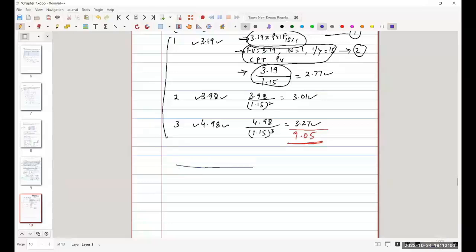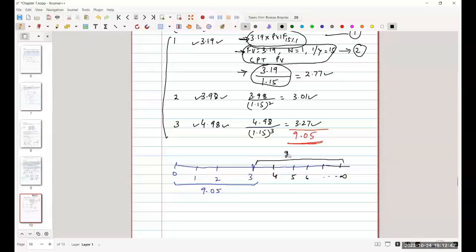So this was the first part of the timeline, 0, 1, 2, 3. And we have figured out that this part of the timeline creates this much value for us, 9.05. After this, from time period 4, 5, 6, and on and on, this time period has a growth rate of, what was it?